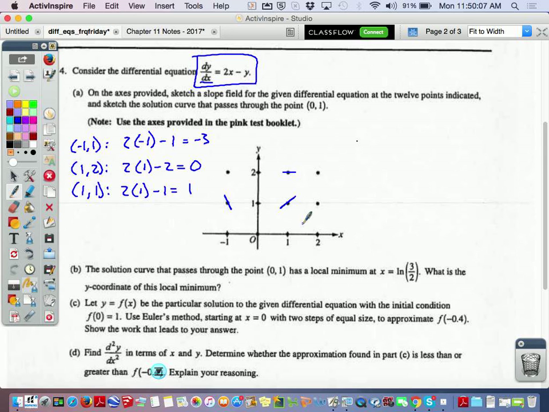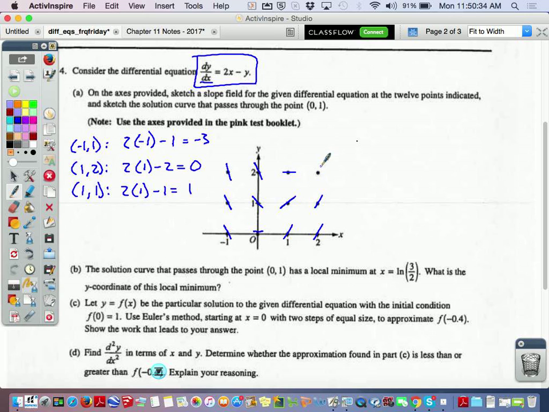So I'll just go through and draw in these other ones. You can check your work. And again, when we talk about these ones being steeper than others, as long as they're following a pattern of steepness, that's what counts.